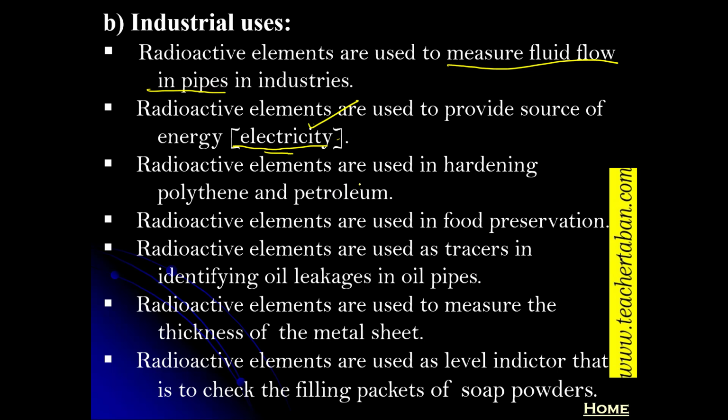Radioactive elements are also used to harden polythene and petroleum. In other words, in the process of manufacturing plastics and even in the production of petroleum, some radioactive elements are good at hardening these. Another use is in food preservation. Some radioactive elements are used as tracers, for example, identifying leakages in oil pipes.